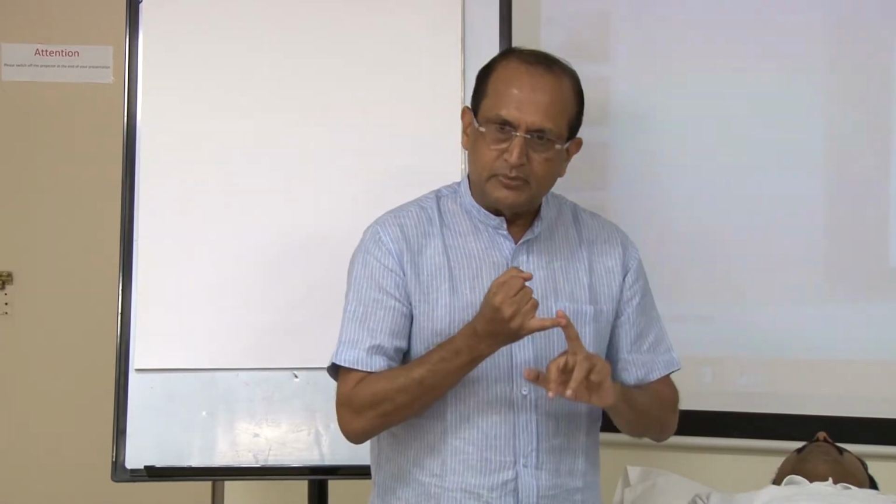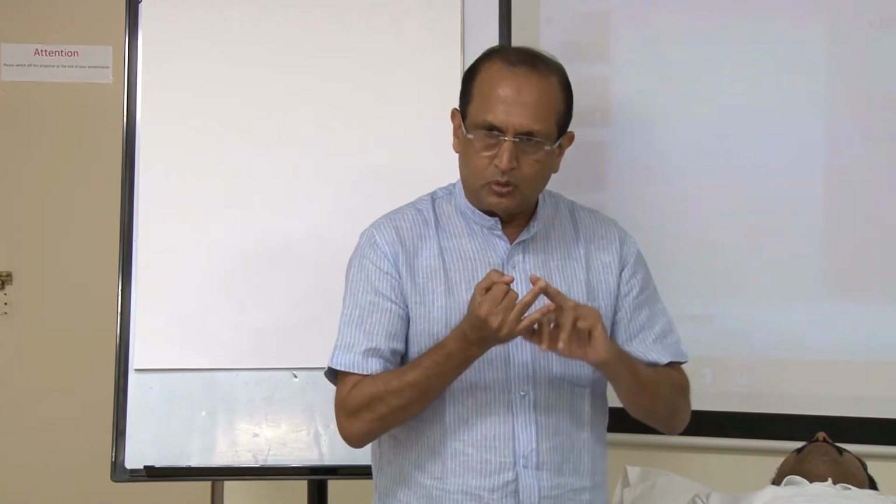One, the limbs can be weak. Two, the tone will be increased in the form of spasticity or hypertonia. Three, the reflexes will be exaggerated. And four, the plantar will be upgoing. Plus or minus sensory deficit depending upon the site of the lesion.